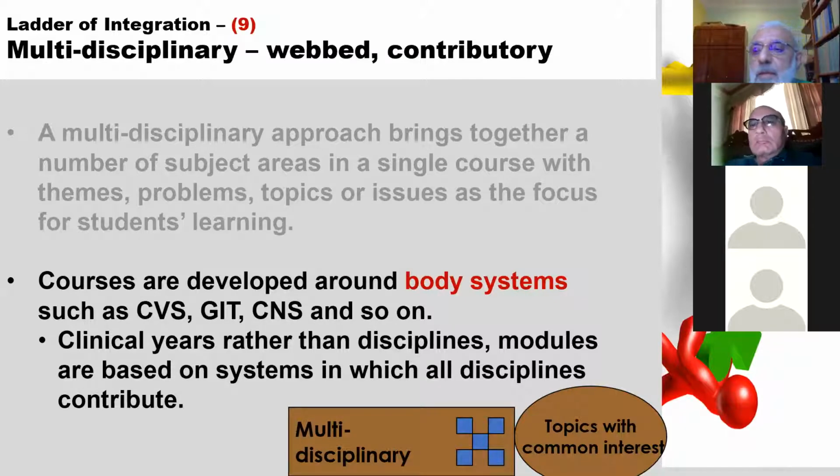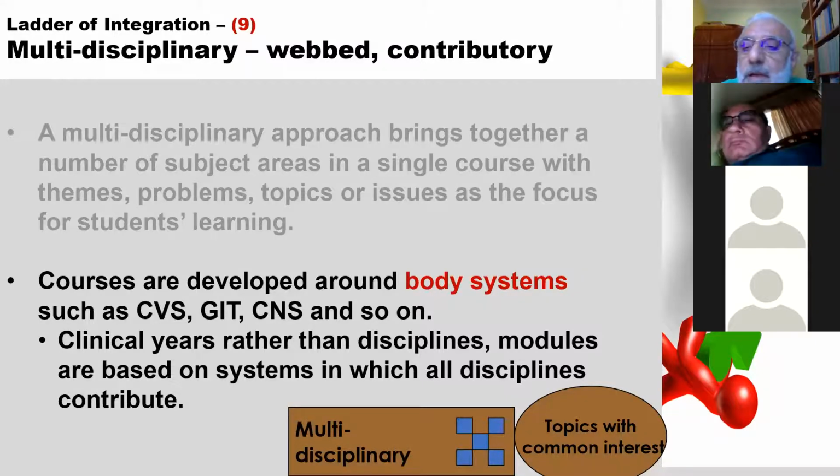I'm sure all of you are aware nowadays that the modules are being developed around the body system, such as CVS, gastrointestinal system, or CNS. But just imagine if we can bring the same structure in clinical years. In preclinical years, we are developing or dividing our curriculum on modules.